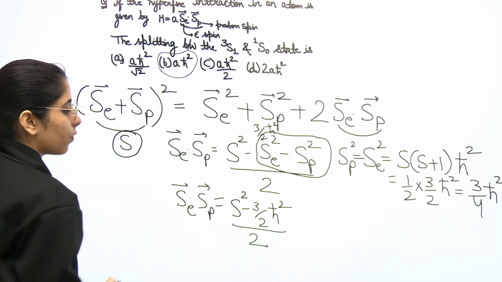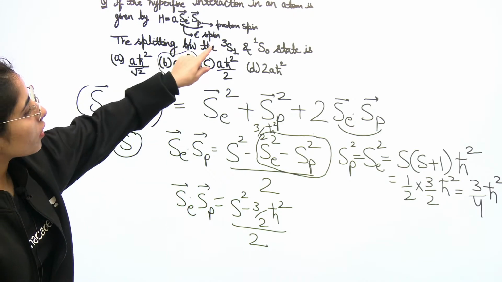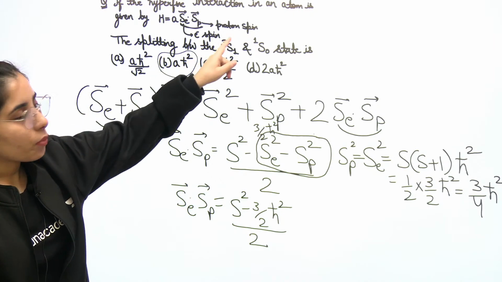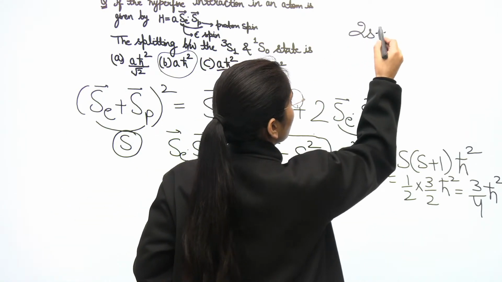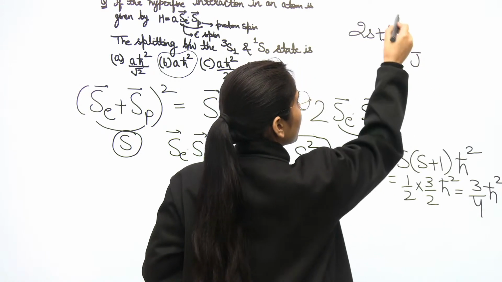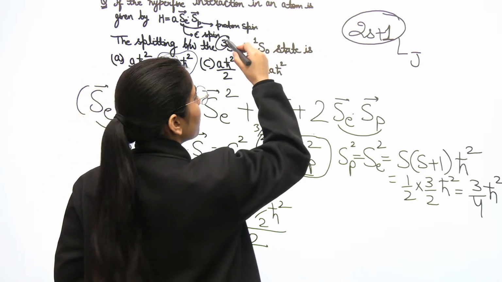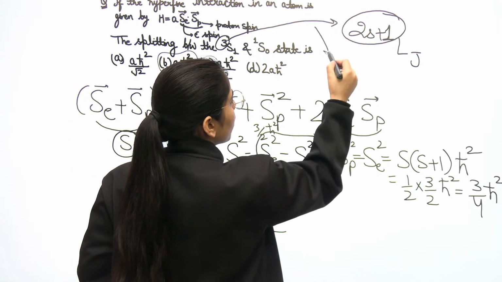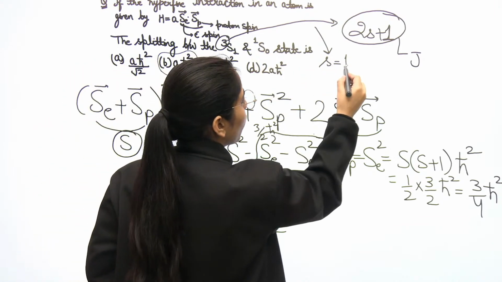Next, how will we get this S square value? We had two terms, 3S1 and 1S0. We know the spectroscopic term notation, whose symbol is 2S plus 1 L J. Comparing the term 3 with 2S plus 1, we get 2S plus 1 is 3, which gives S equal to 1.